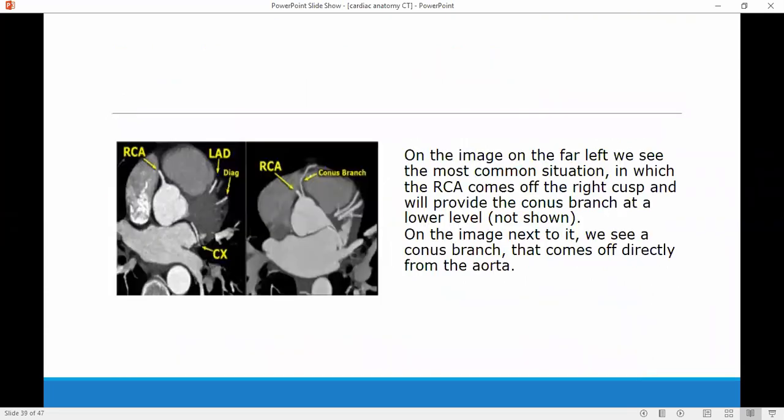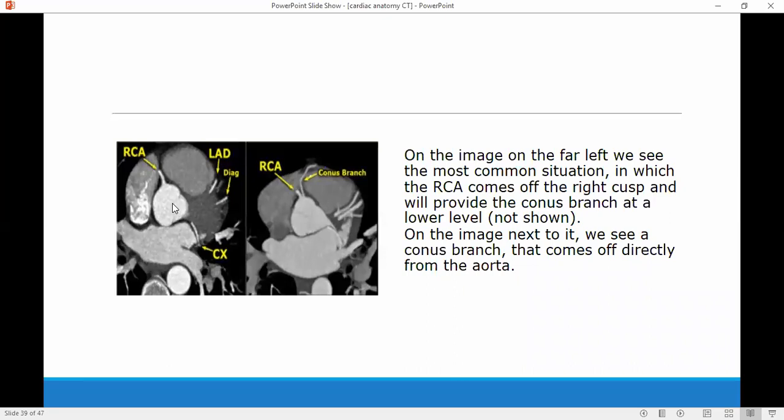On the image on the far left here, we see the most common situation in which the RCA comes off the right cusp and will provide the conus branch at a lower level.